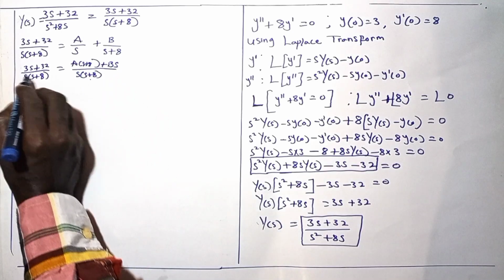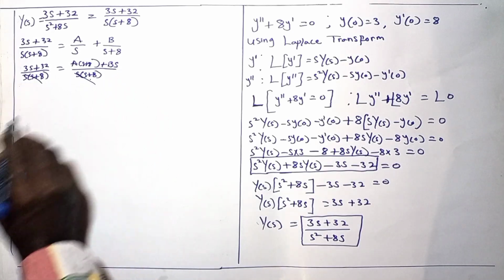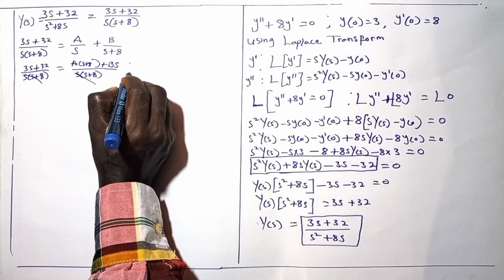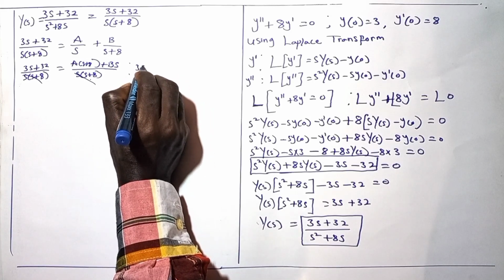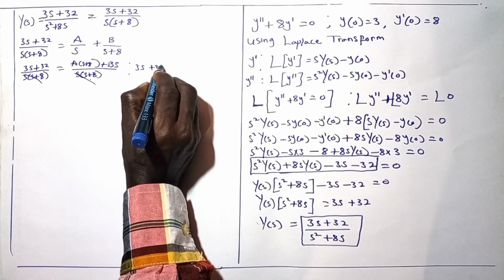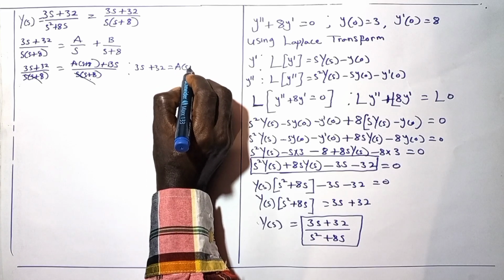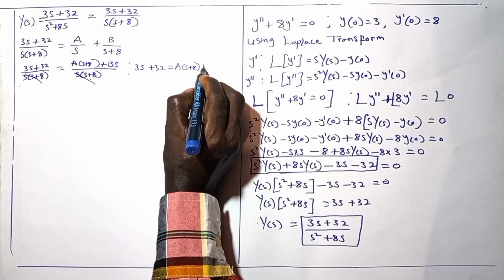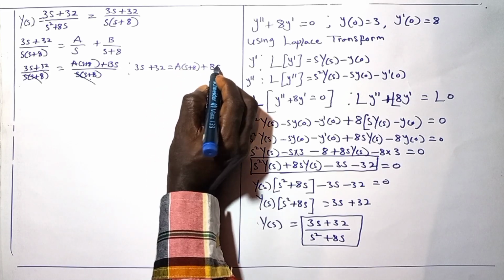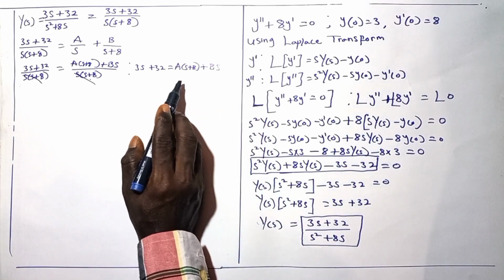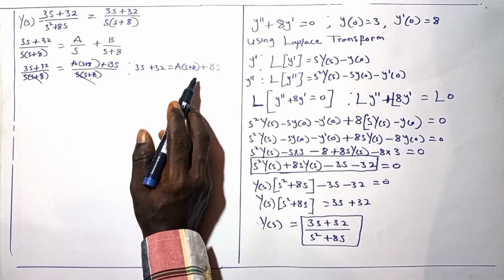So now cancel this here, so we are left with 3s plus 32 is equal to a times s plus 8 plus bs.